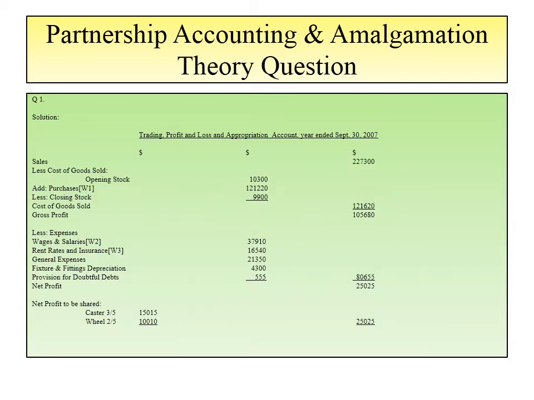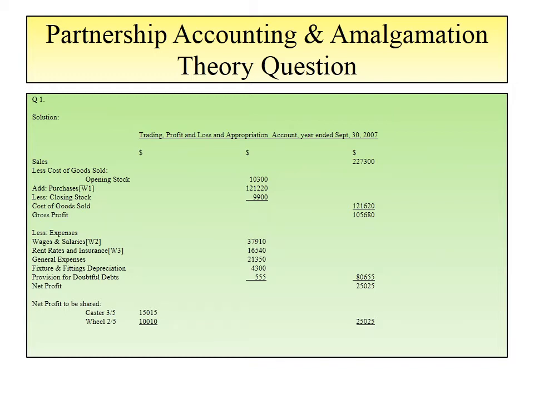This is the solution, and trading profit and loss and appropriation account. Appropriation of the profit is given over here. Sales are taken from the trial balance less cost of goods sold. The format for trading and profit and loss account is first to get the figure of the sales, then we deduct from it the cost of the goods sold.